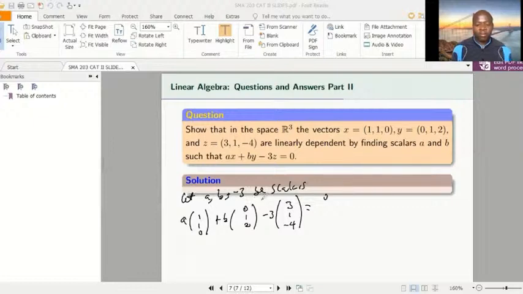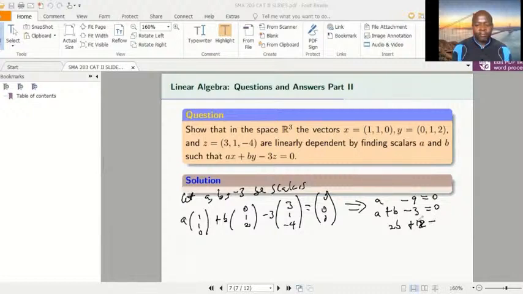So you can look for then A plus B, plus B minus 3 is also 0. Then you have 0A plus 2B. This is 2B. Then plus 12 to be 0.